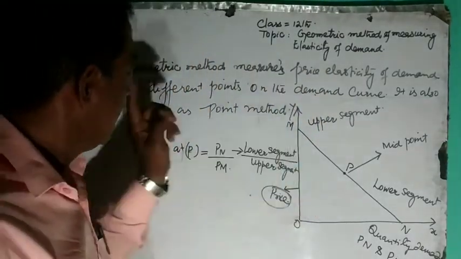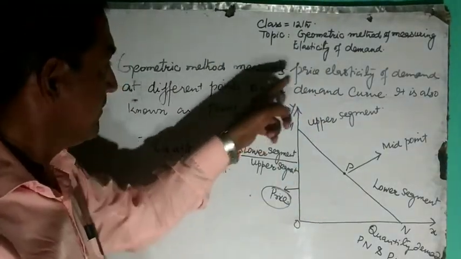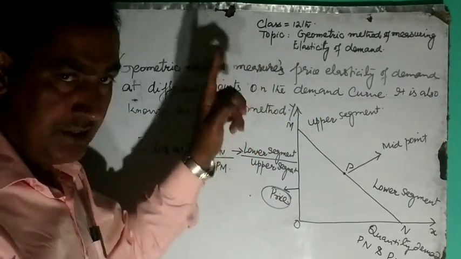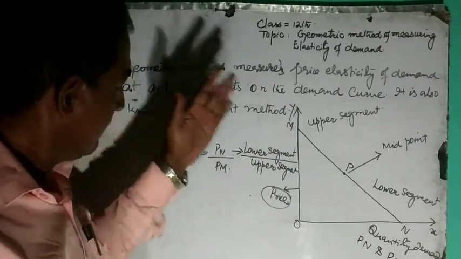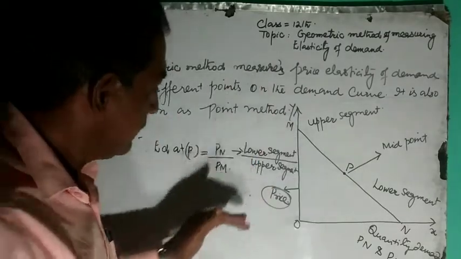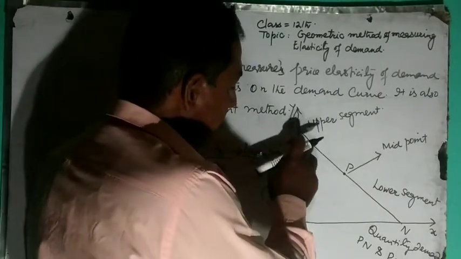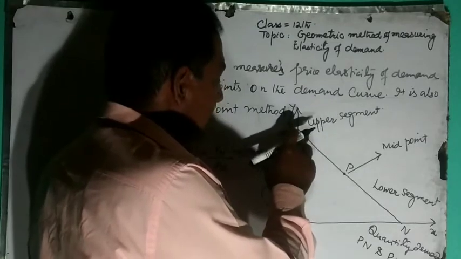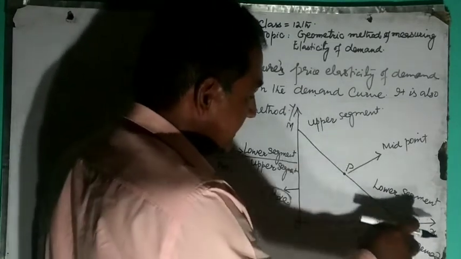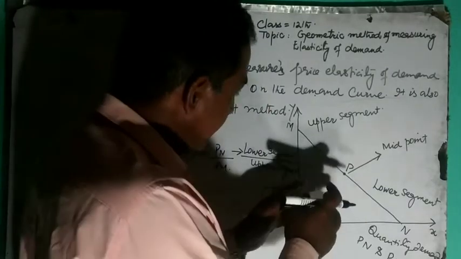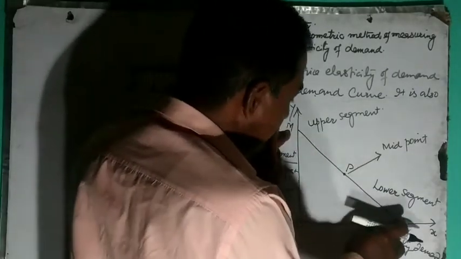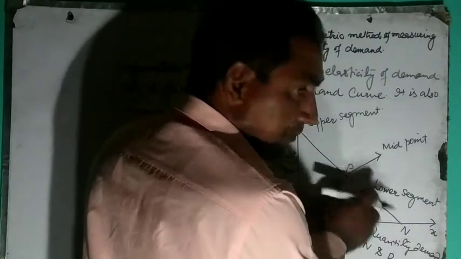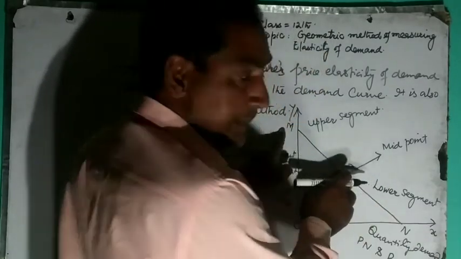I will repeat. Geometric method measures price elasticity of demand at different points on the demand curve. It is also known as point method. We have to draw a demand curve which touches the y-axis at M and x-axis at N. We divide the demand curve in two equal parts, that is Pn and Pm.